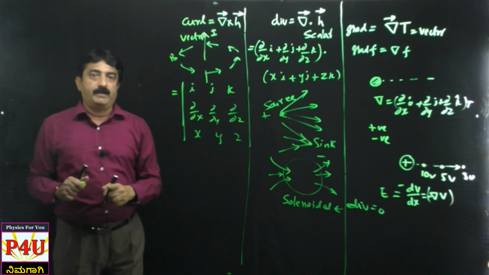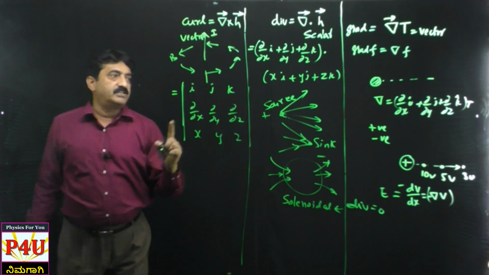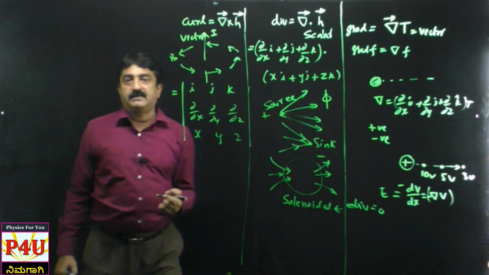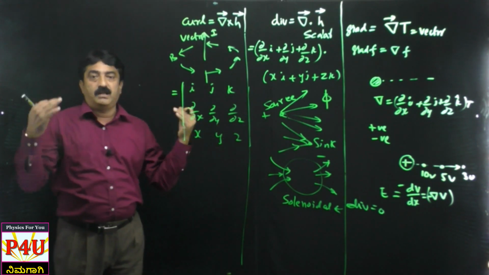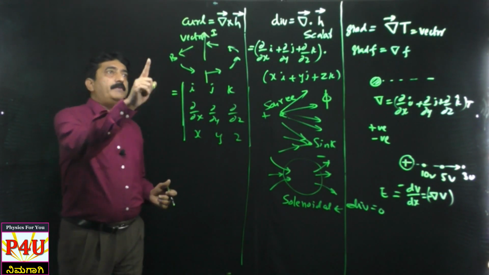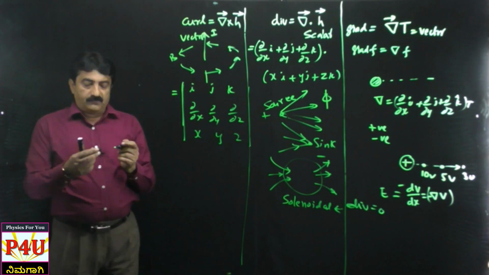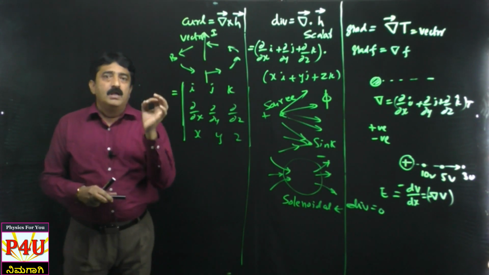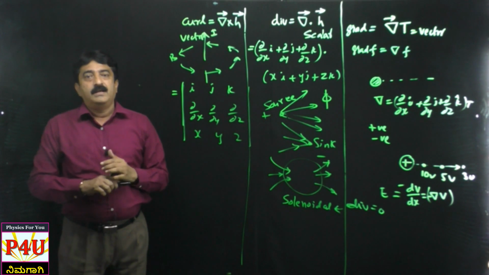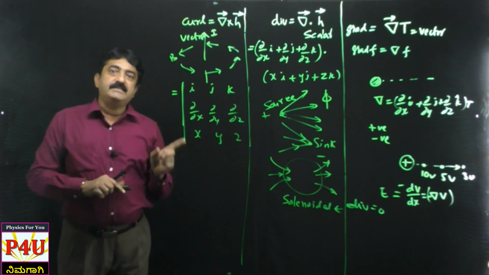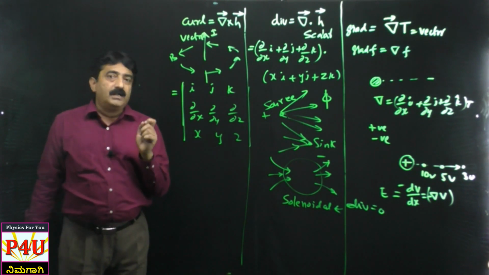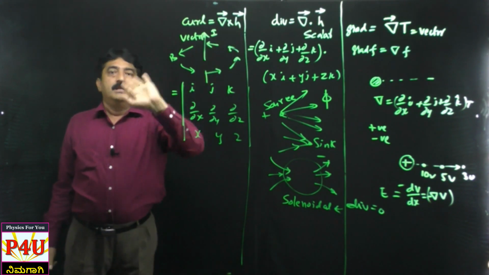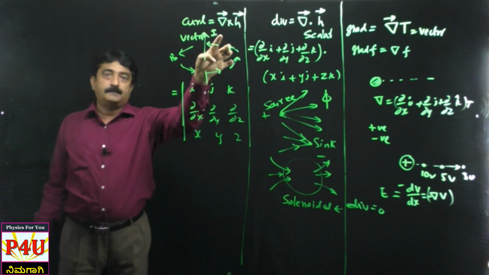The best example for divergence is electric flux; magnetic flux also, but I take electric flux because it is more convincing and convenient. Now, coming to the significance of curl: as I told, curl represents rotational effect. Curl is positive for clockwise, negative for anti-clockwise, zero for irrotational. And curl is always for a vector, not for a scalar. It is a cross product.